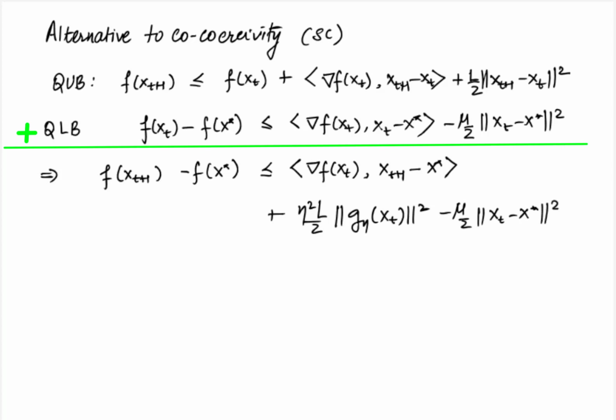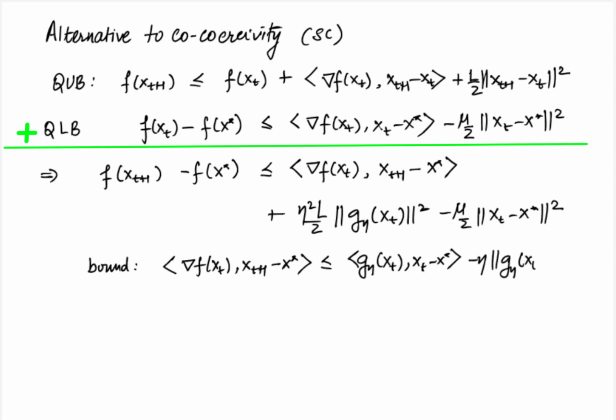The second part is the same, and we bound the first term as the inner product of gradient f of x_{t+1}, x_{t+1} minus x star less than or equal to the inner product of G_eta of x_t, x_t minus x star, minus eta norm squared of G_eta of x_t.